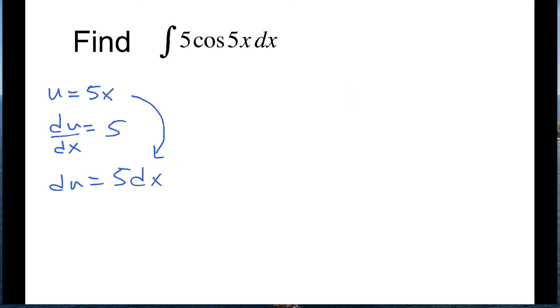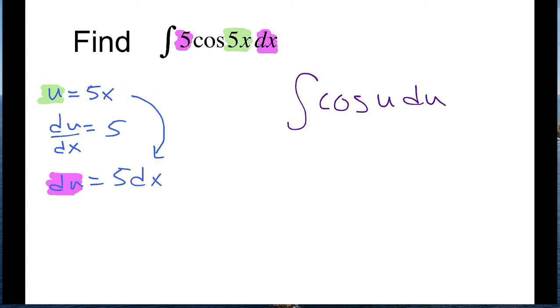But if I just do some more highlighting, notice that that's u. Notice that du is the 5 and the dx. So I could rewrite this integral as the integral of cosine u du.